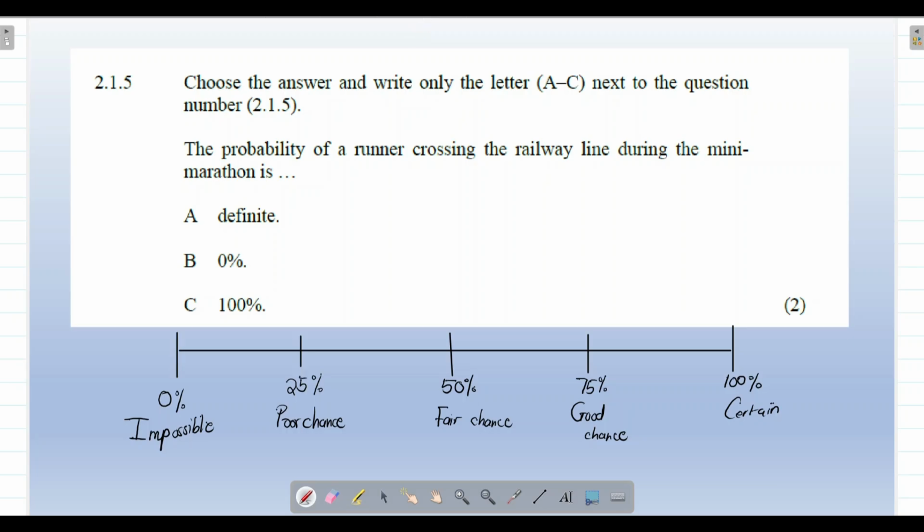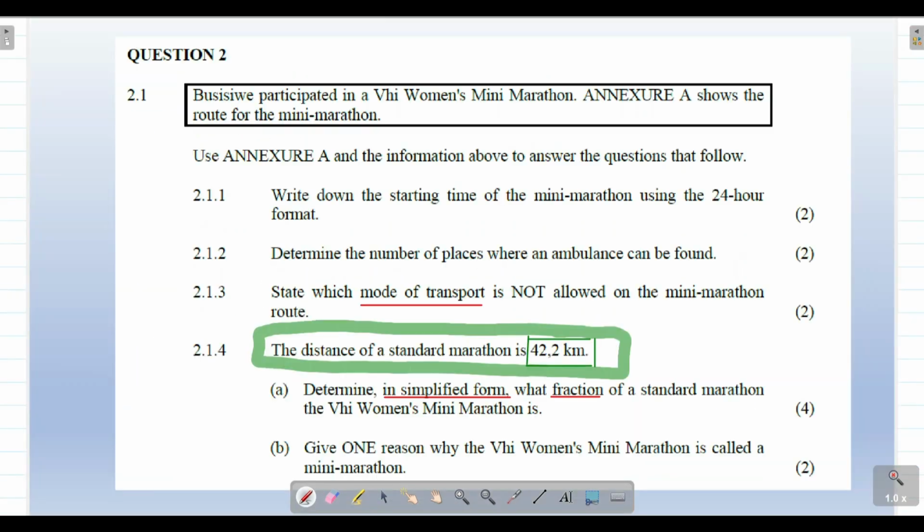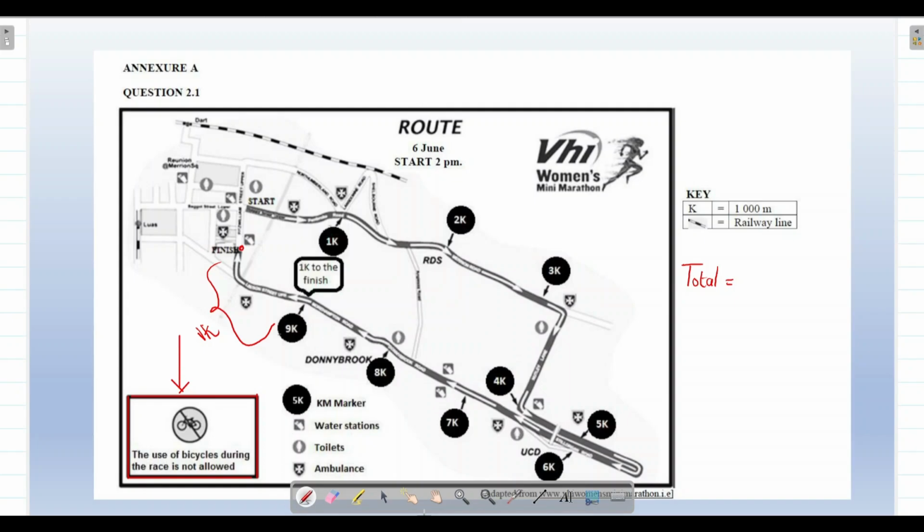So let's have a look at our mini marathon route that is given to us. What is the probability of a runner crossing the railway line? If you have a look at this, where is this railway line? It's here. It's very far from the route that these ladies will be on. The runners don't even cross it.